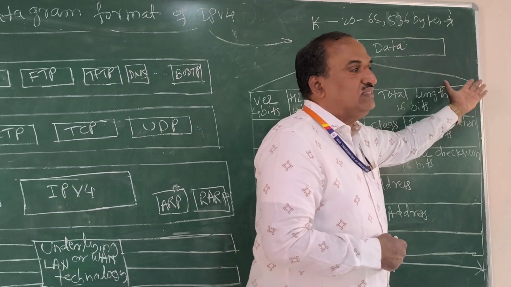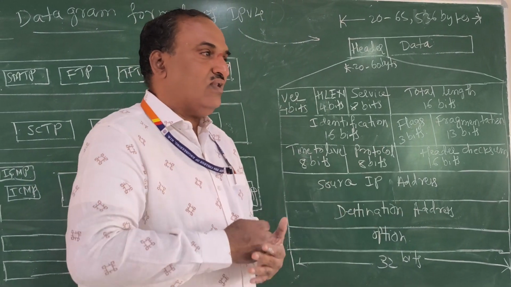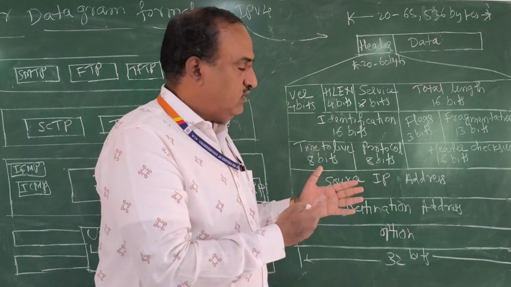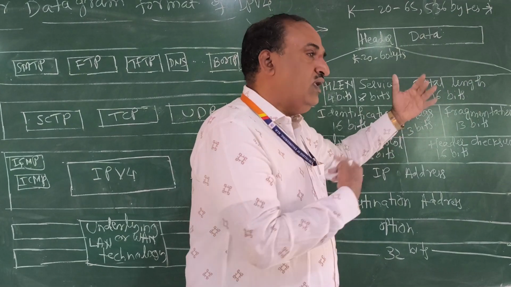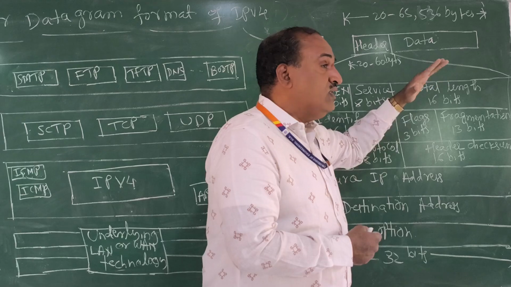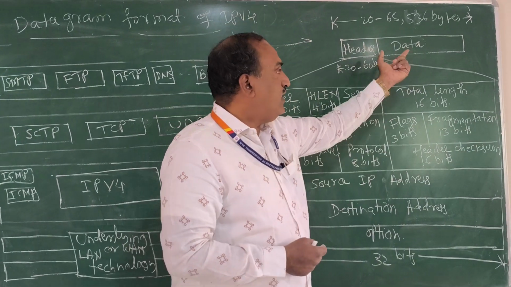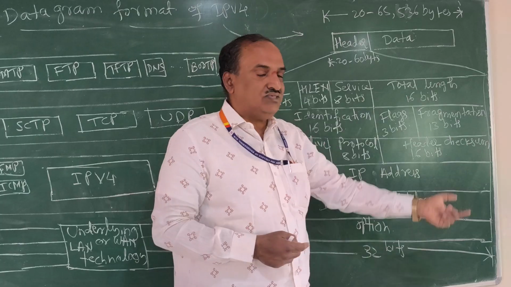When it comes to the receiver, it decapsulates. At the data link layer it removes the header, at the network layer it removes the header, and at the transport layer it removes the header. Finally in the application layer only the data is there, without all these headers.